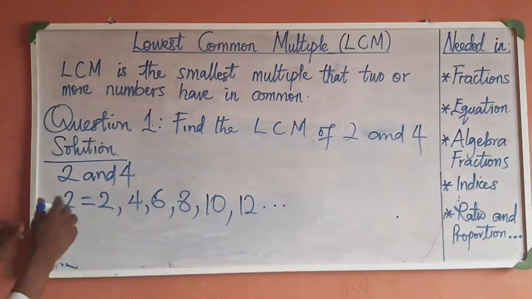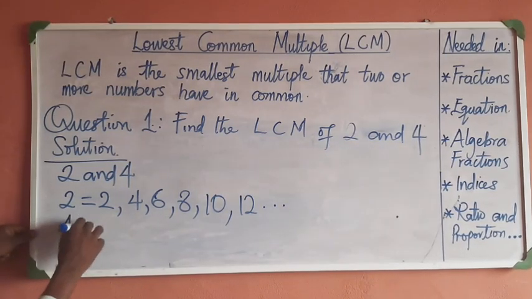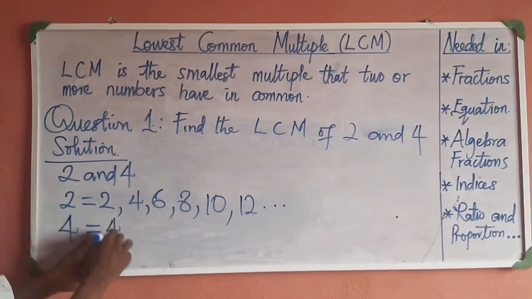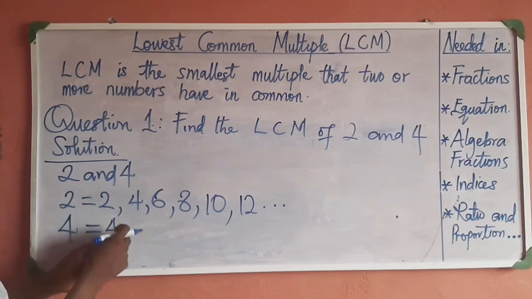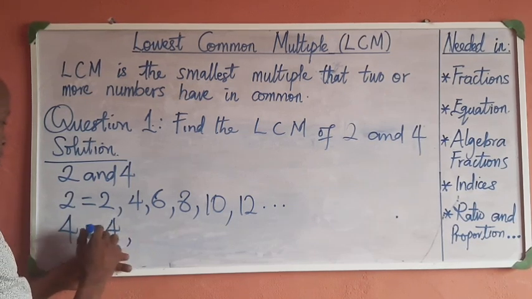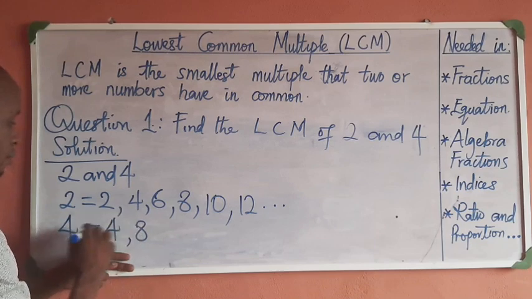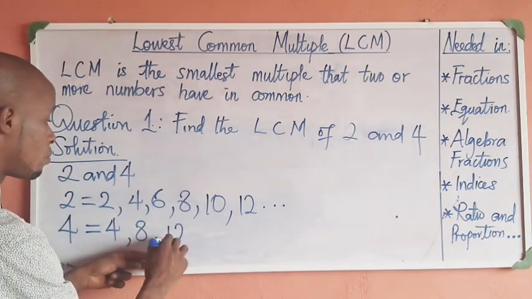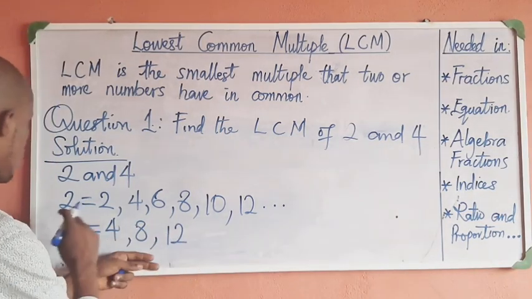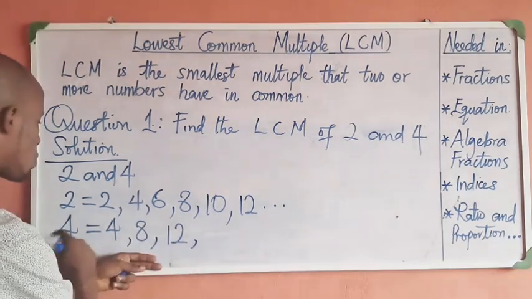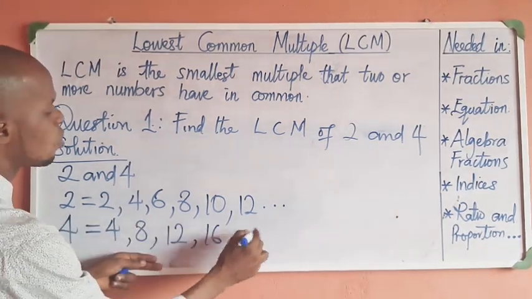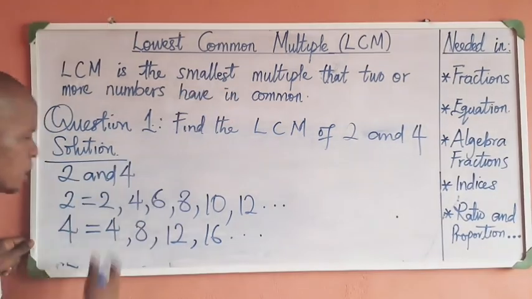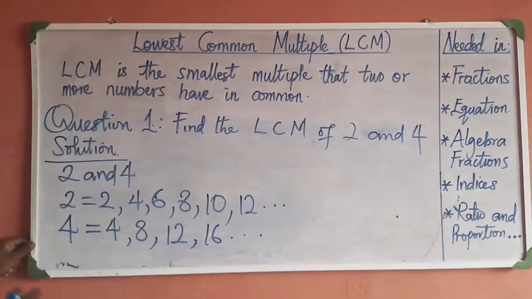And then I'm going to also list down the multiples of 4. Beginning from 4 itself, I add 4 to 4, that gives me 8. Then I add 4 to 8, that gives me 12. 4 to 12 gives me 16, and so on. Don't forget I said the first common multiple is your lowest common multiple.